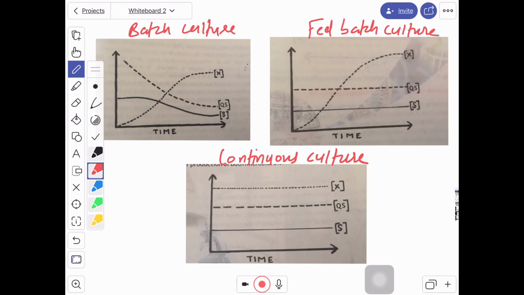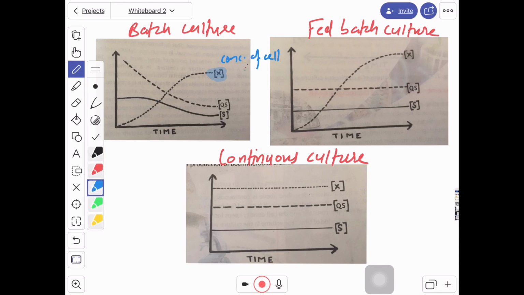Let us see some of the characteristic features of batch, fed batch and continuous cultures. The first one is X. This is concentration of cells.